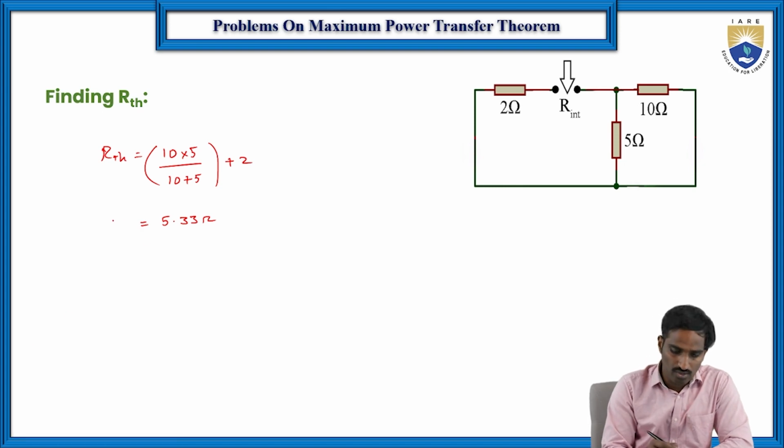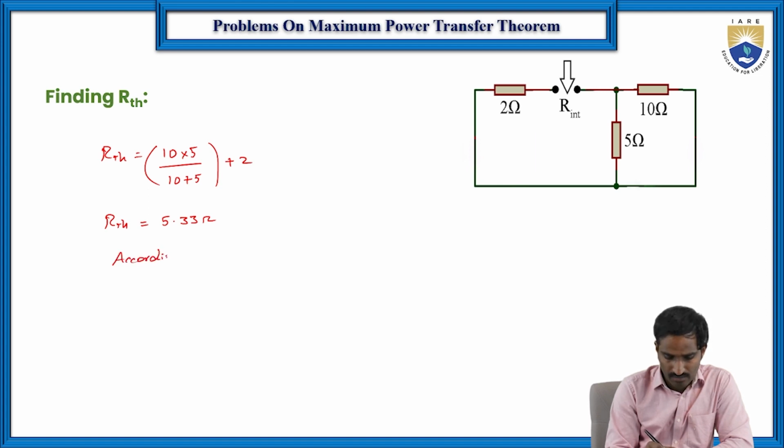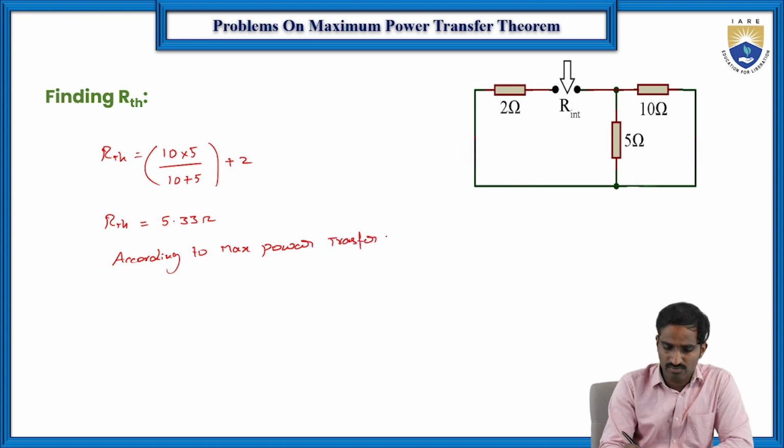Now according to the maximum power transfer theorem, R Thevenin is equal to R, which is equal to 5.33 ohms.